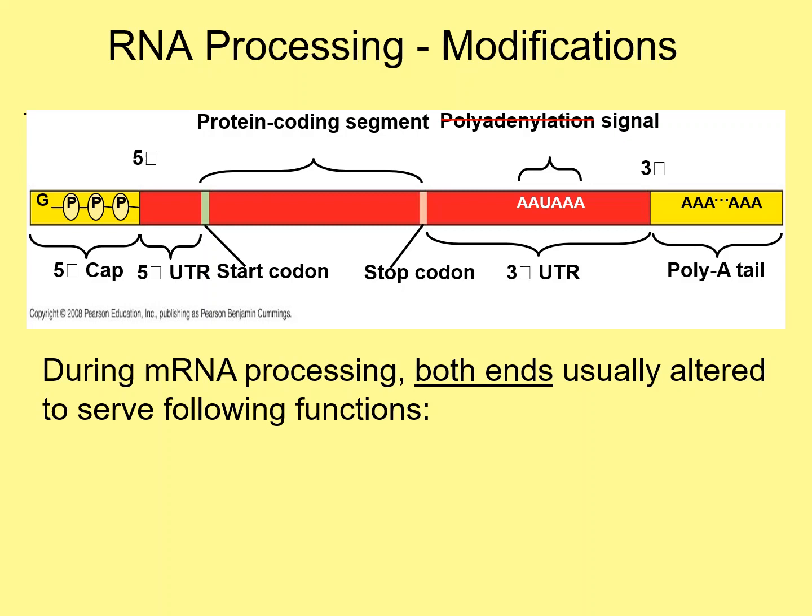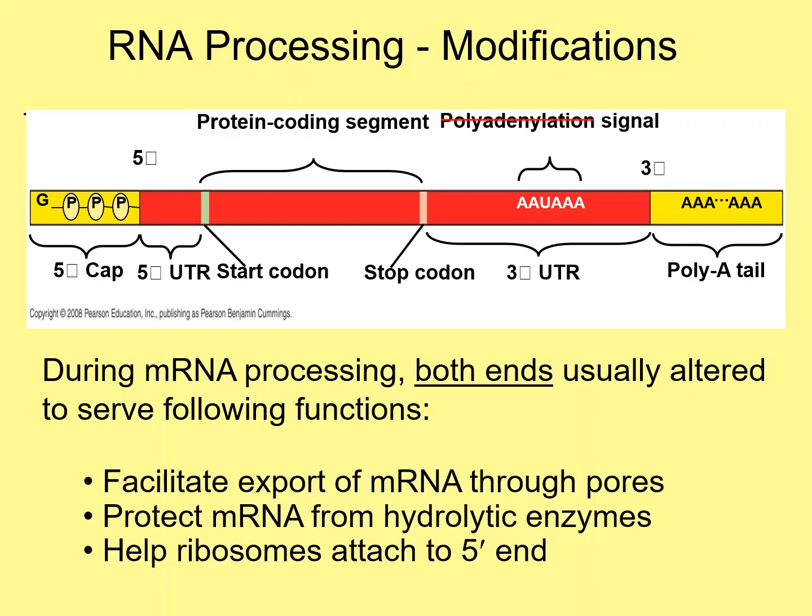This is what we really care about for translation, and we want to protect that. So we want to make sure our mRNA molecule gets out of the nucleus, and that's one of the reasons why we add this cap at the beginning called the 5' cap.